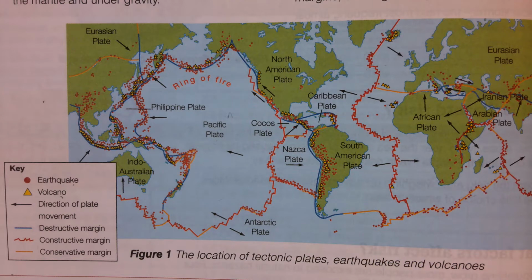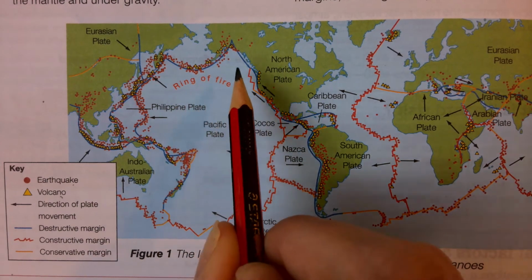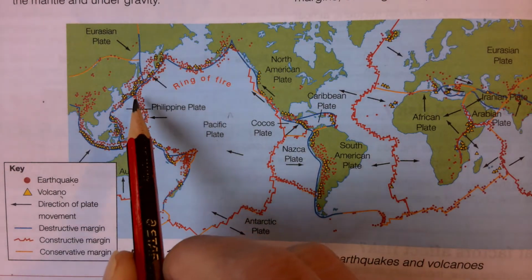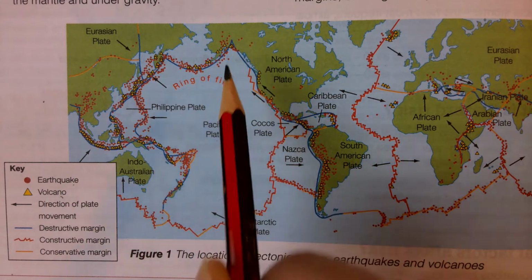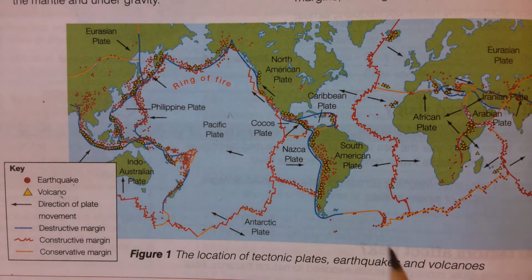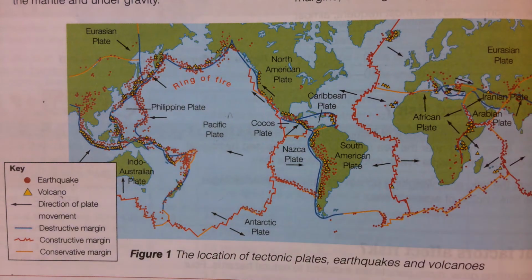Probably the clearest example of this is what we call the Pacific Ring of Fire, where we have a line of volcanoes largely around most of the Pacific plate's edge, as well as lots of earthquakes too.